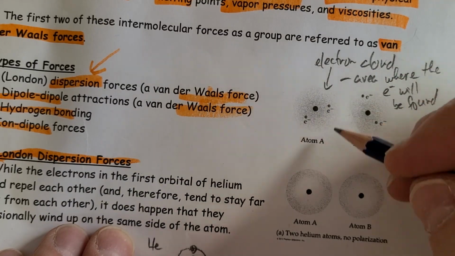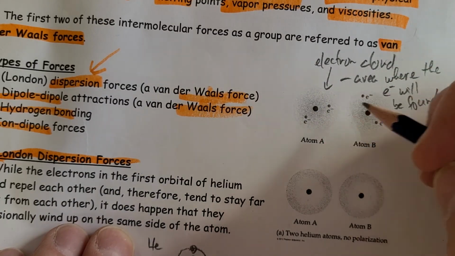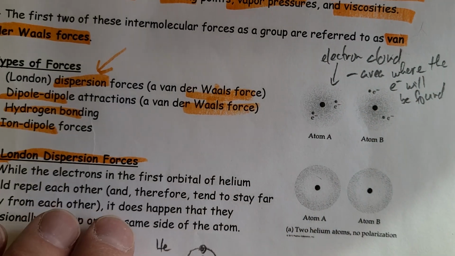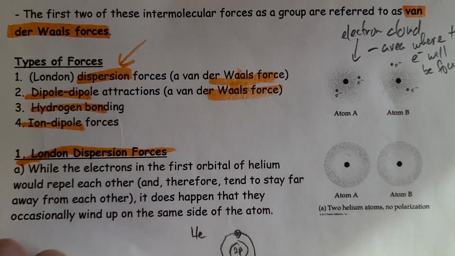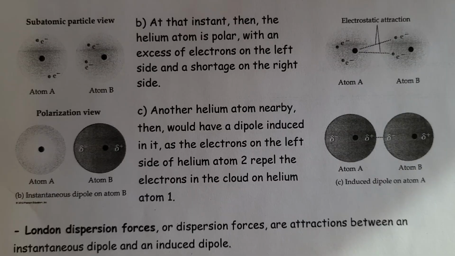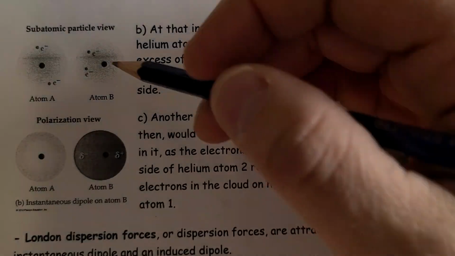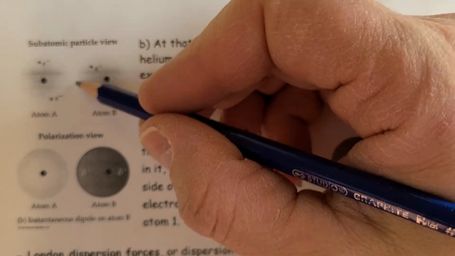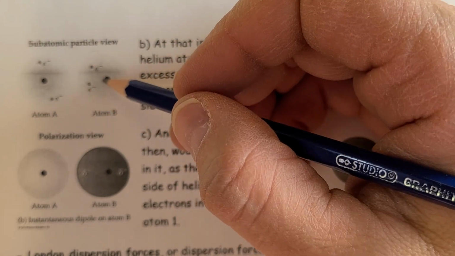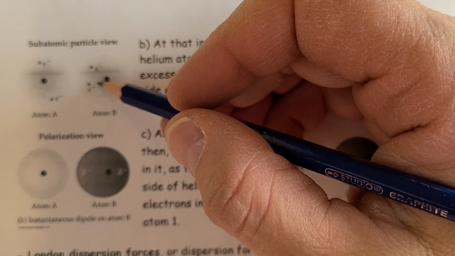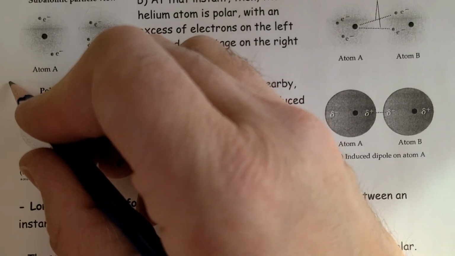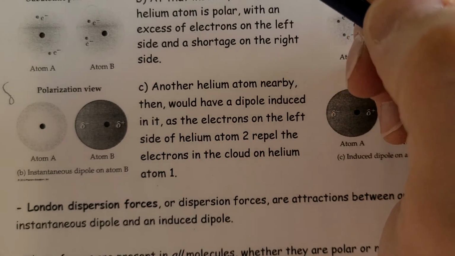So they are constantly moving around, right? And as mentioned, what could happen is that they end up on the same side of the atom. So if we look over here, it could happen that on this atom, for example, the electrons are on the same side. So if they occur on the same side for a slight moment in time, remember that delta symbol, which means partial charge.